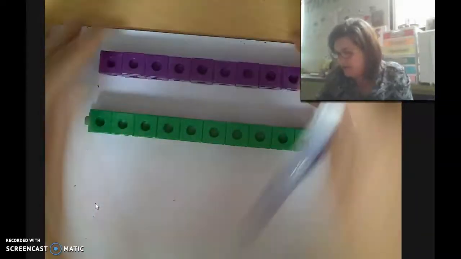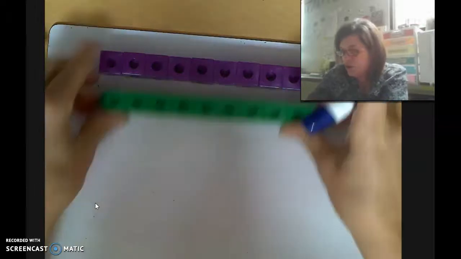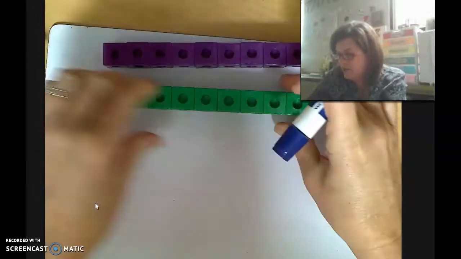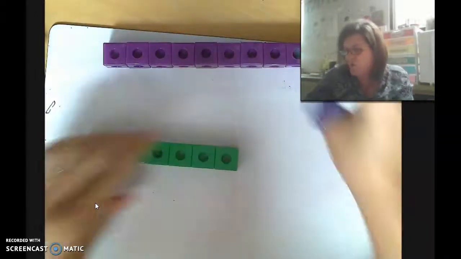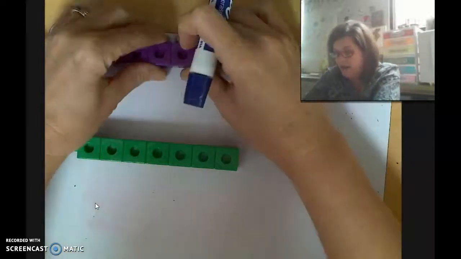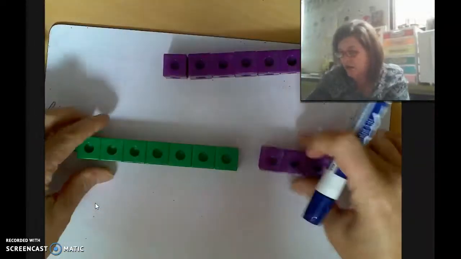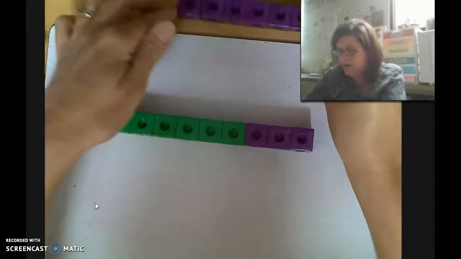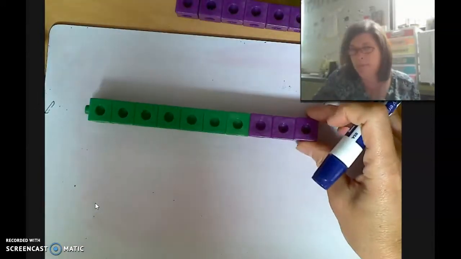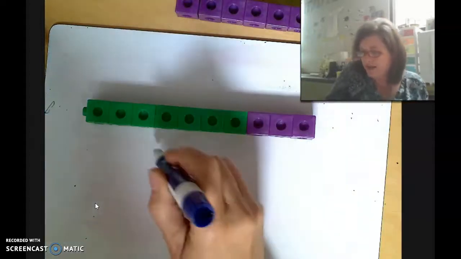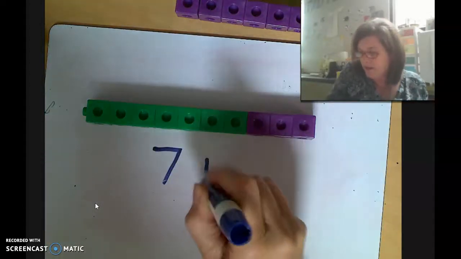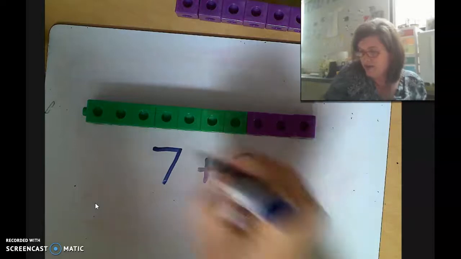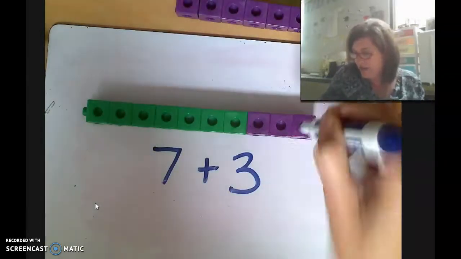All right, so you got your sticks again. This time, would you show me, let's do, how about 7 in one and 3 in your other? Okay, so my math sentence is already shown up here for me. I have 7 on one side plus 3 on the other. 7, 8, 9, 10. Okay.